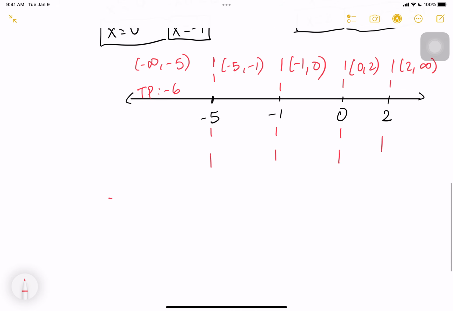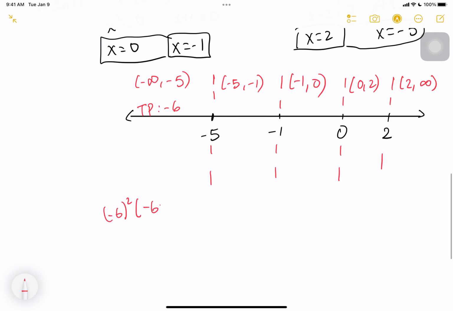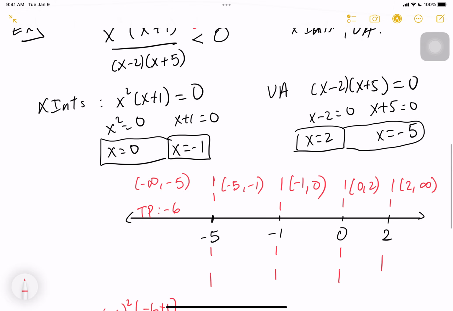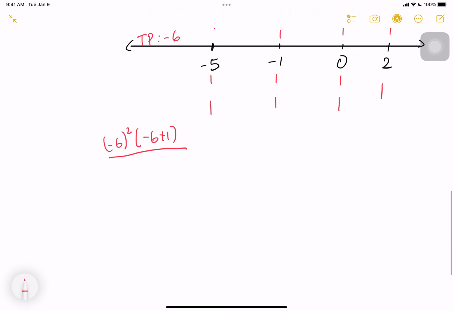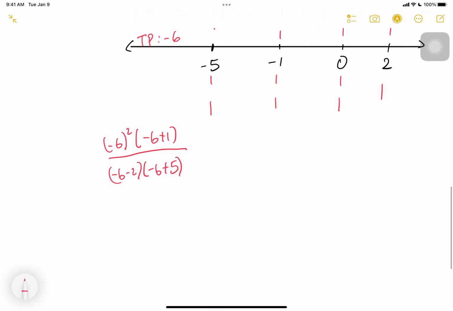That's going to be negative 6 squared multiplied by negative 6 plus 1, divided by negative 6 minus 2, then negative 6 plus 5. And I'm asking myself the question, yes or no, is this less than 0?